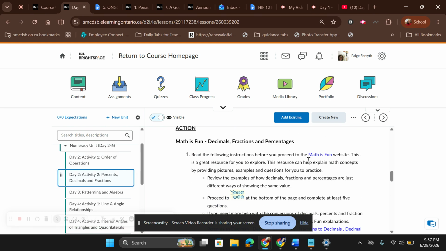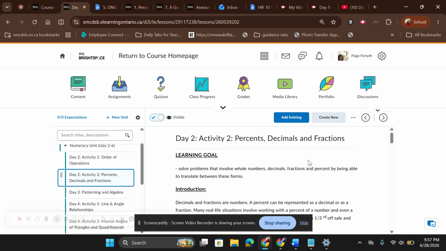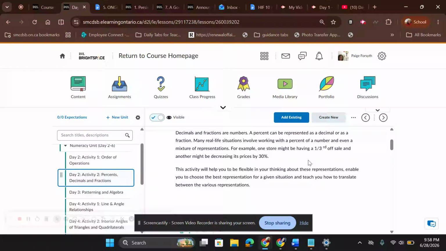Second part of activity 2 is looking at percents, decimals, and fractions. So a percent can also be represented as a decimal or a fraction. So when we are in real life situations involving working with a percentage or a number or a mix of representations, this is some good skills to have.